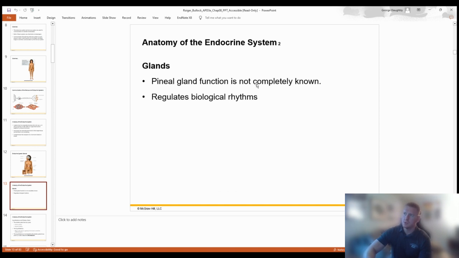The pineal gland function is not completely known. Why is the function of the pineal gland not well understood? Because the circadian rhythm tends to be more of an influence in terms of the master biological rhythm there, rather than hormone function. Typically hormones function independently based on the need of the body, maintaining homeostasis or maintaining some type of feedback loop.